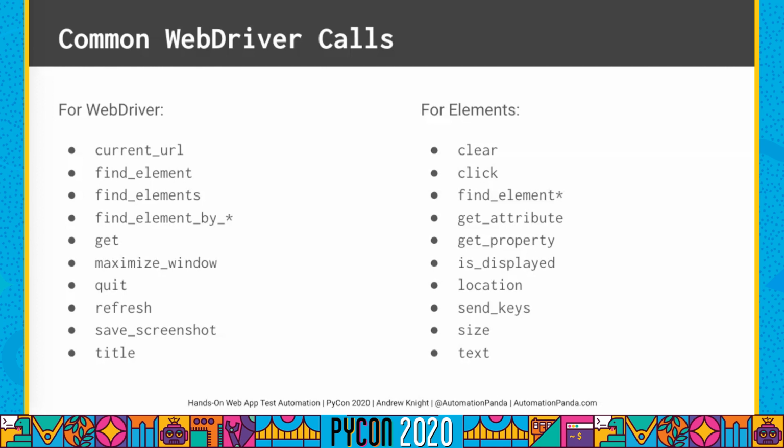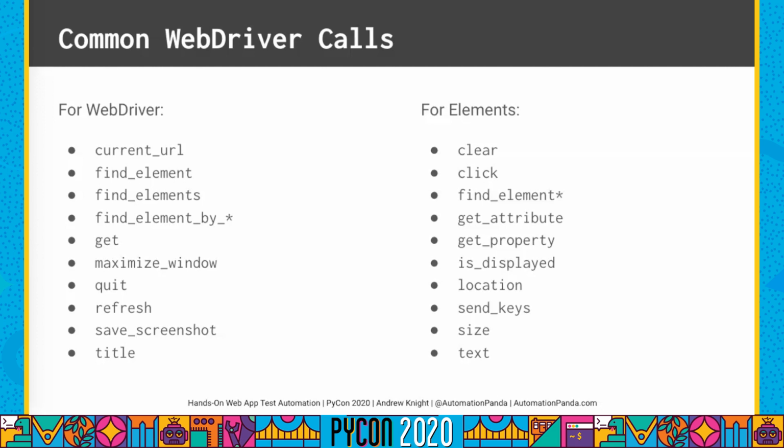The Python WebDriver also includes a findElementBy method for each locator type. Typically, I don't use these methods because I prefer to use two-part locator tuples, but many people prefer the shorter syntax. The get method loads a given URL in the browser.